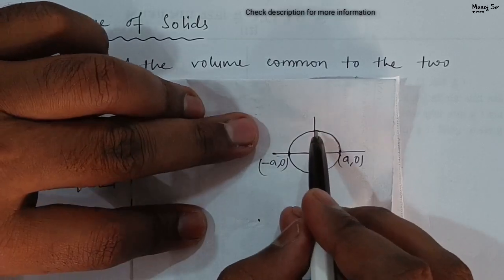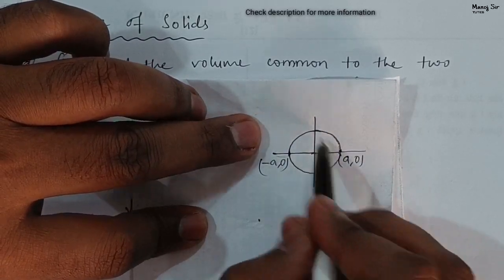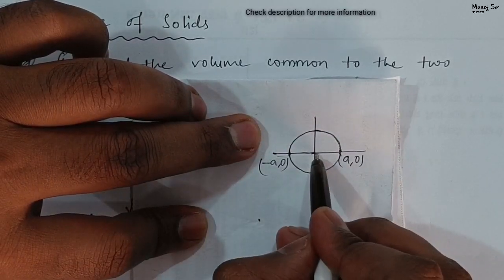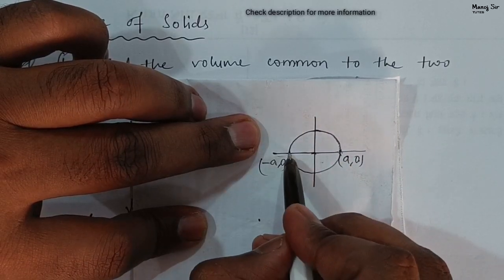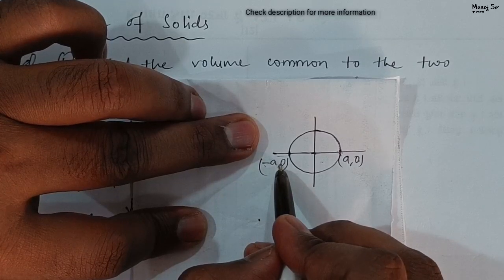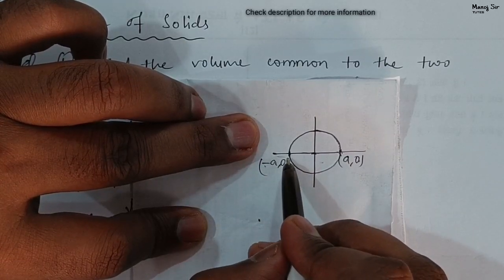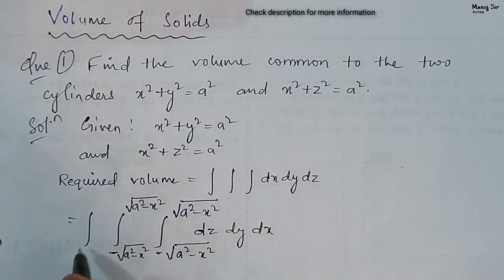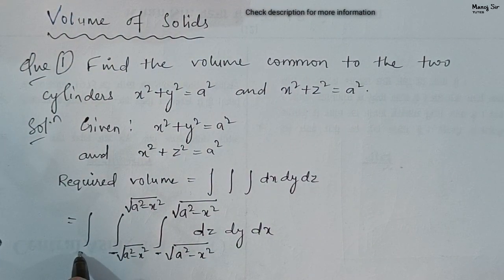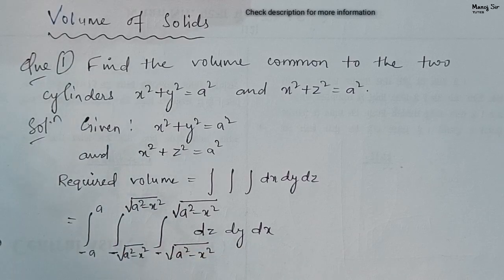The center of the circle is at origin and the radius of the circle is a. So this point is a comma 0 and this point is minus a comma 0. So we can say the limit of x varies from minus a to positive a.